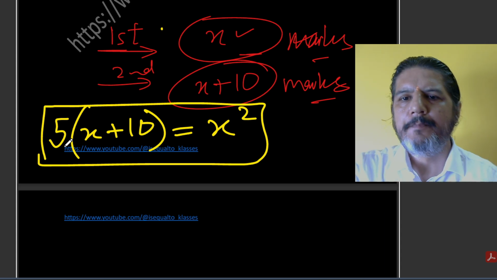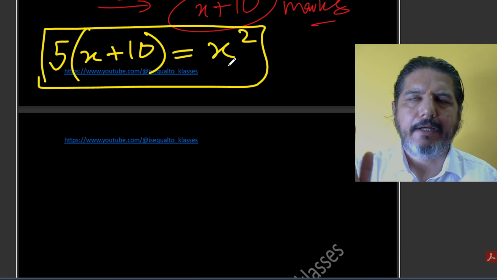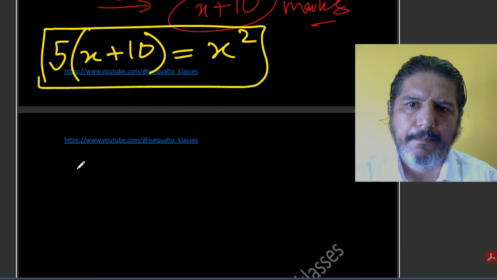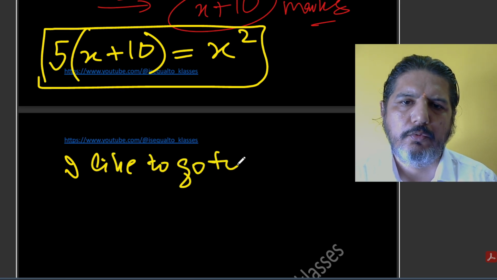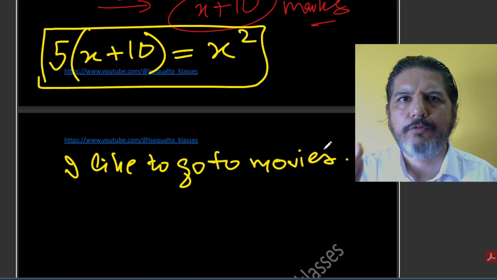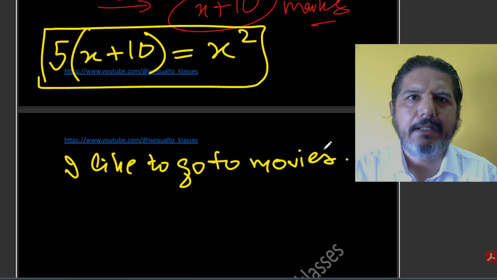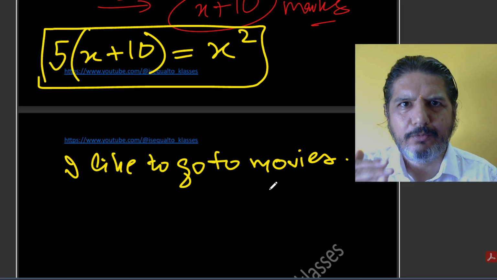So, for example, I have to translate from English to Hindi. A line like, I like to go to movies. If this is a line in English and I have to translate it into Hindi, and let's assume that either my Hindi or English or both are weak, then word by word, how will I translate?